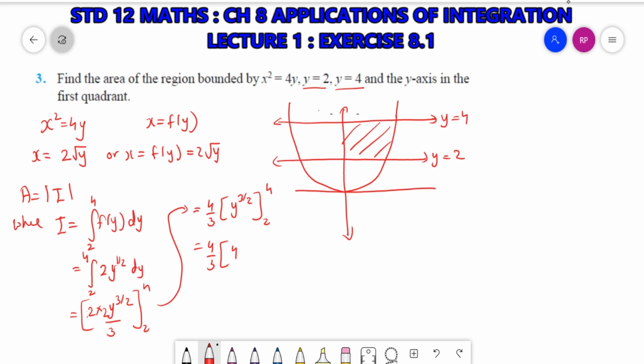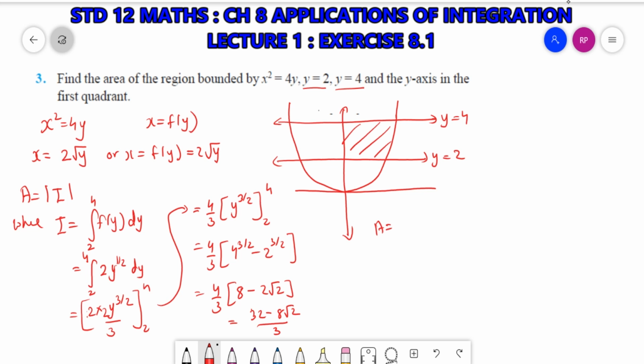4 by 3 into 4 raised to 3 by 2 minus 2 raised to 3 by 2. This will be 4 by 3. 4 raised to 3 by 2, that is 8. And 2 raised to 3 by 2, that is 2 root 2. We had already done this in previous sum. So this will be equal to, I can multiply 4 8s, that is 32, minus 4 2s, 8 root 2, upon 3.